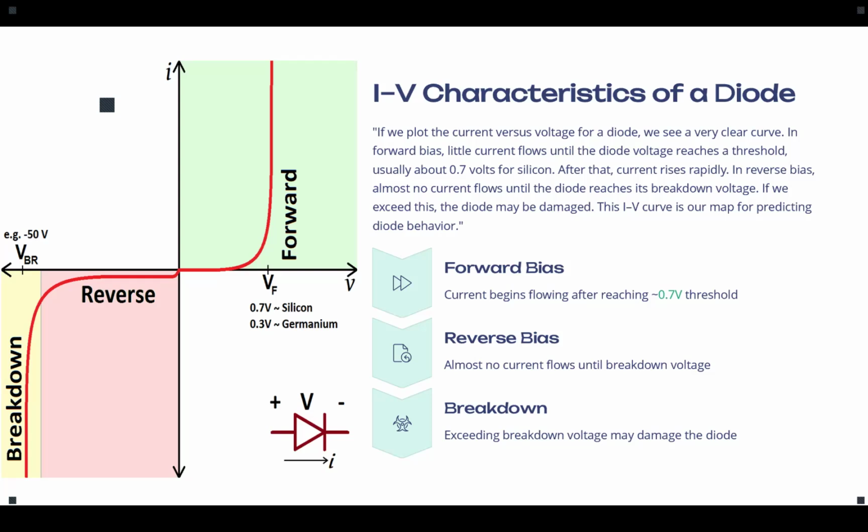There is another point to that. It is not like every level of the voltage would make the diode conduct current. There is a certain threshold. Okay, if our forward bias voltage exceeds that threshold, now our diode is going to go to conducting. We call that voltage threshold, or as you can see, we show it by V_F, the voltage of the forward bias.